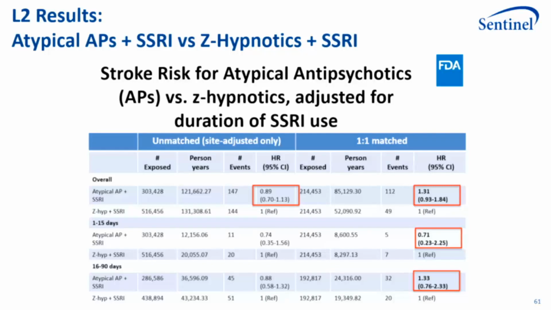And then after propensity score matching in the matched cohort, all hazard ratios cross the null, supporting that none of the comparisons actually shows elevated risk of stroke between the atypical antipsychotic users versus the Z-hypnotic users, even though there is a change in the effect estimates for the overall study.